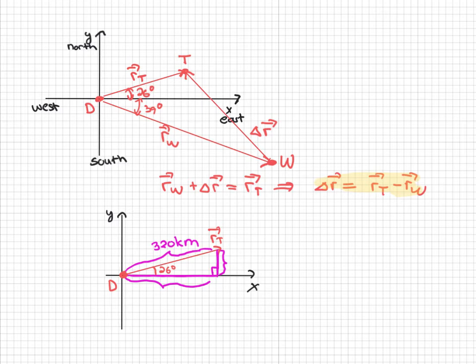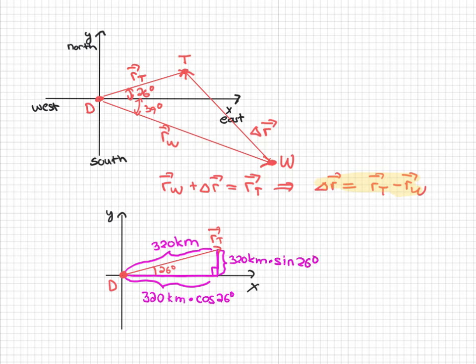So in this right triangle, we know the length of the hypotenuse and we know an angle, so it's quite straightforward to find the lengths of the other two sides. The length of the horizontal leg is just 320 kilometers times the cosine of 26 degrees, and the length of the vertical side is 320 kilometers times the sine of 26 degrees.